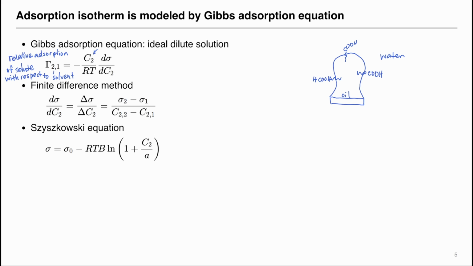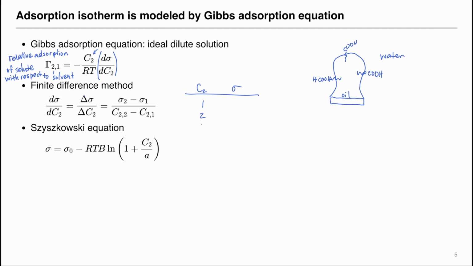You can determine this whole term using 2 methods. One, you can use the finite difference method, where we just use the change in surface tension divided by the change in concentration. Previously you will have determined at different concentrations what the interfacial tension is.